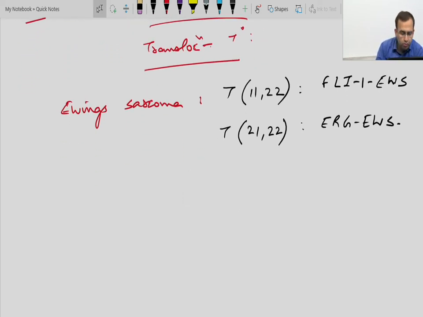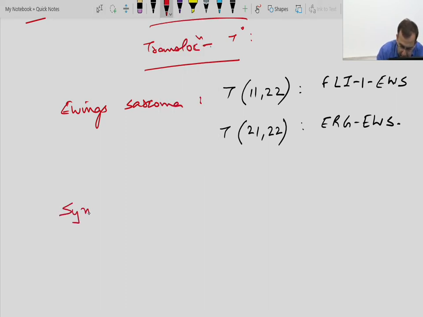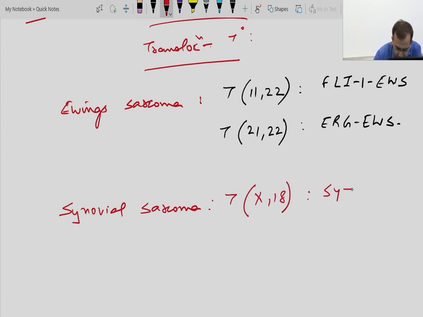Ewing's: 11;22, 21;22. Next is synovial sarcoma, translocation X;18, the SYT-SSX fusion gene, which was what was asked. Next, clear cell sarcoma.